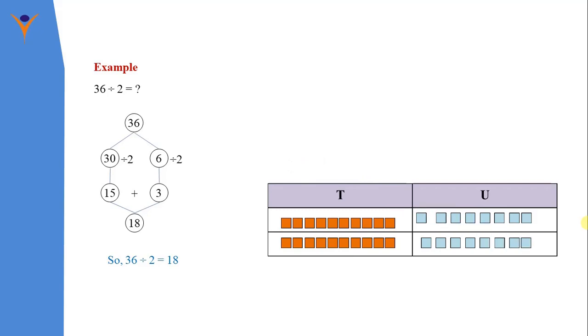So 5 ones plus 3 ones is 8 ones. So each row on the ones column contains 8 ones. Then each row on the tens column contains 1 ten. So 1 ten add 8 ones gives us 18. So in each row we have 18. So that again tells us that 36 divided by 2 equals 18.